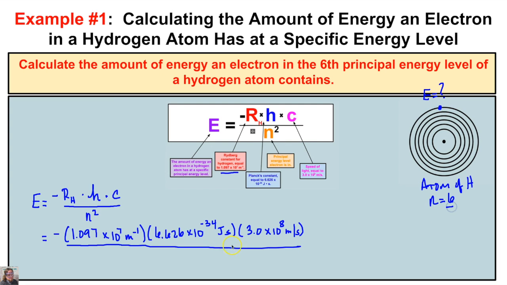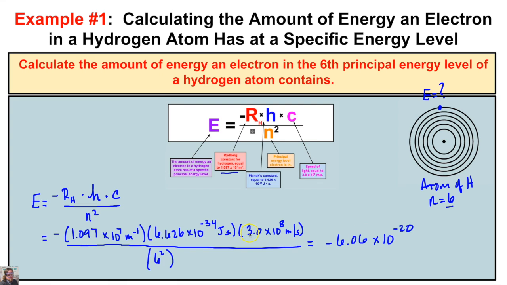We know that n here equals 6, so we're going to take 6 and square it. When we put all of this in our calculator, we end up with negative 6.06 times 10 to the negative 20th.